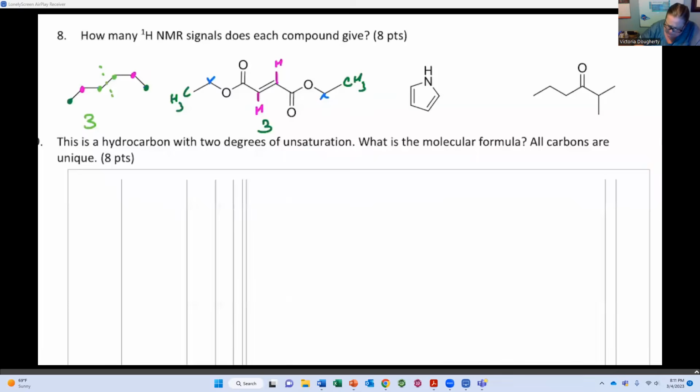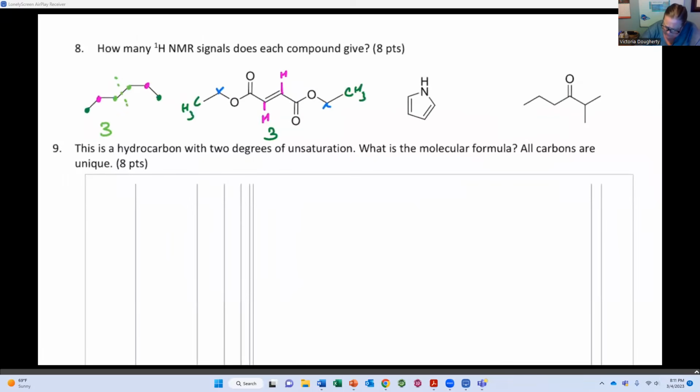Boy, I sure was in a symmetrical mood when I was making this exam, wasn't I? This is called pyrrole. Don't forget to count the hydrogen coming off the nitrogen. That's its own signal. This hydrogen and this hydrogen are the same. Again, pyrrole is symmetrical. And then these hydrogens are the same. Apparently, I also had 3 on the brain.